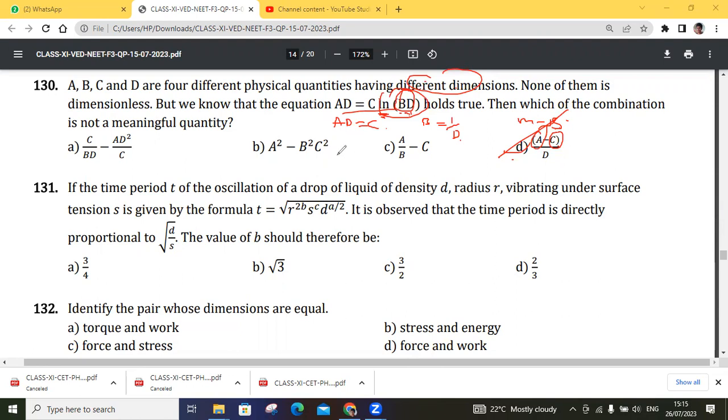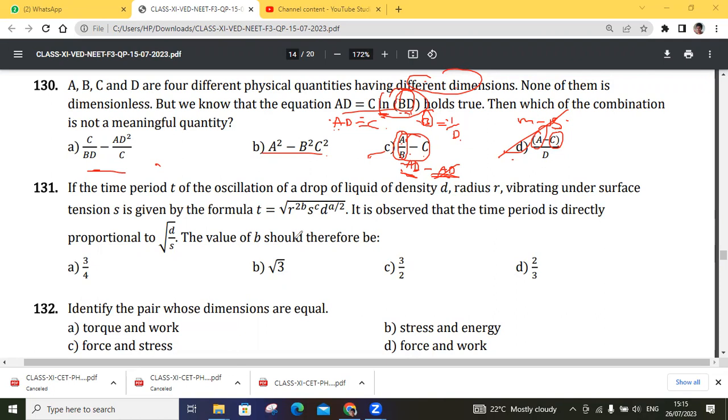Like that, if you combine, for example, this option, A by B minus C: B is 1 by D, so 1 by B is D. So A by B becomes AD dimensionally, because A into 1 by B is D, and C is AD. AD minus AD, so both will have the same unit. Like that, you compare for others also. And 131.